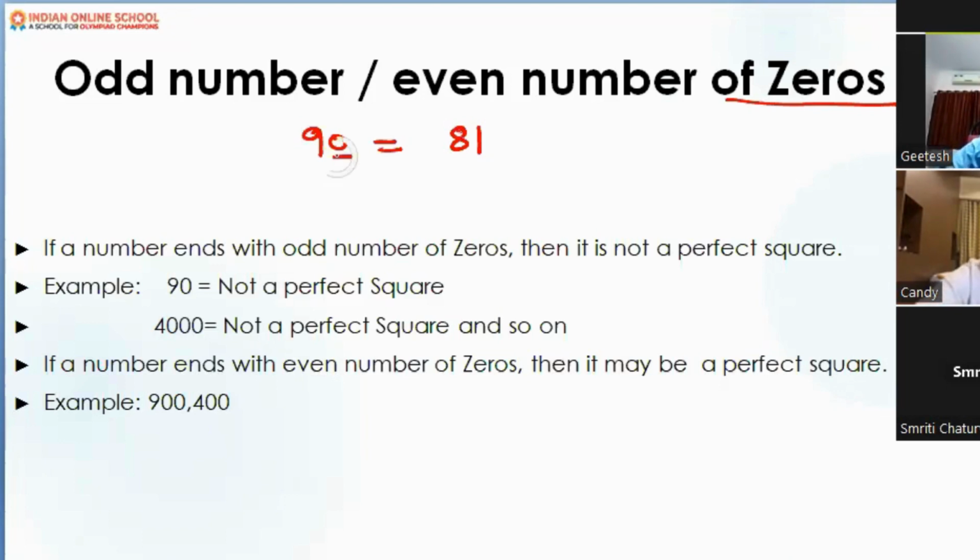And since 90 includes the number of zeros as 1 only, in the square of 90, the number of zeros becomes 2. If it is having 2 zeros, in its square, the number of zeros becomes 4. So every time in the square number, the number of zeros has to be an even number. Got it?